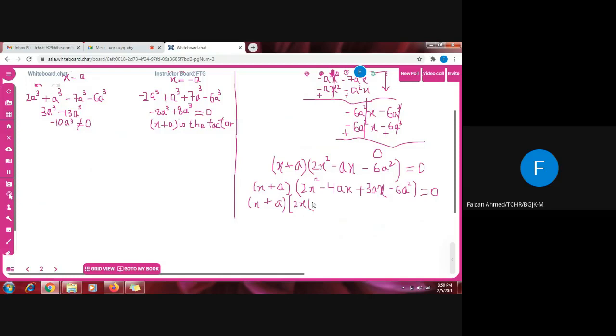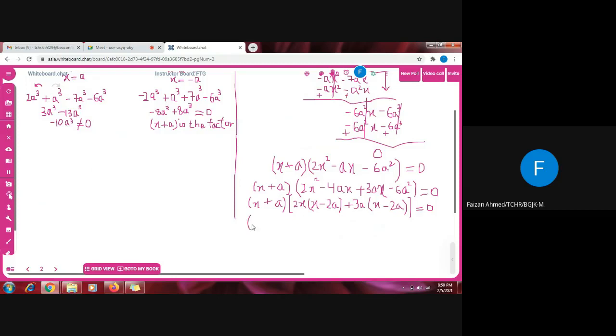So this will be x, and negative sign, 2 times 2 is 4, so it will be 2x is taken out common, so a will only remain inside the bracket. And I can take plus 3 as common, and then again x is common, so x will be remaining, and negative sign, 3 times 2 is 6, and since I have taken one a as common, one a will remain inside the bracket, equals to 0. Since both the brackets are same, I have applied the method correctly.